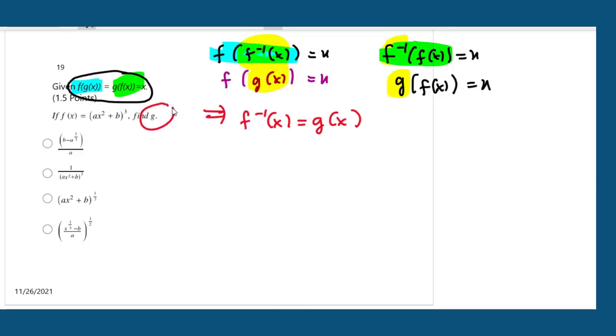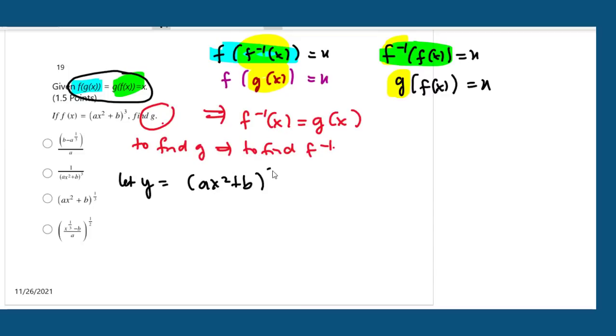We are going to find g. To find g means to find f inverse. So now find f inverse. Let y equal (ax squared plus b) cubed.